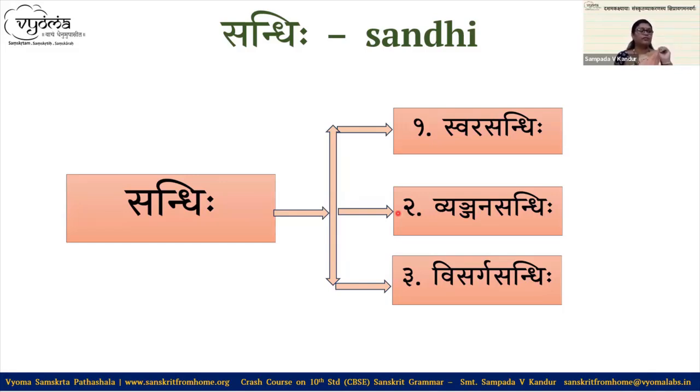Formation of Ya, Va, R, L. That is Yana. Yavarala. Iya, Uva, Rura, Lula. That is Yana.